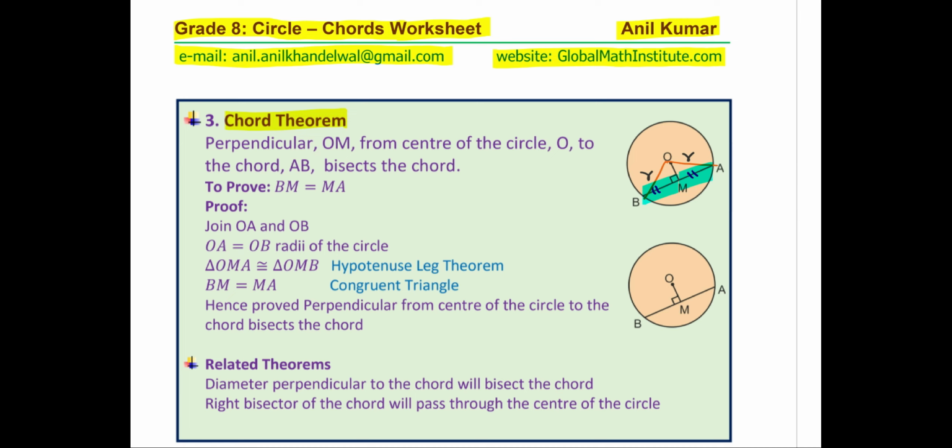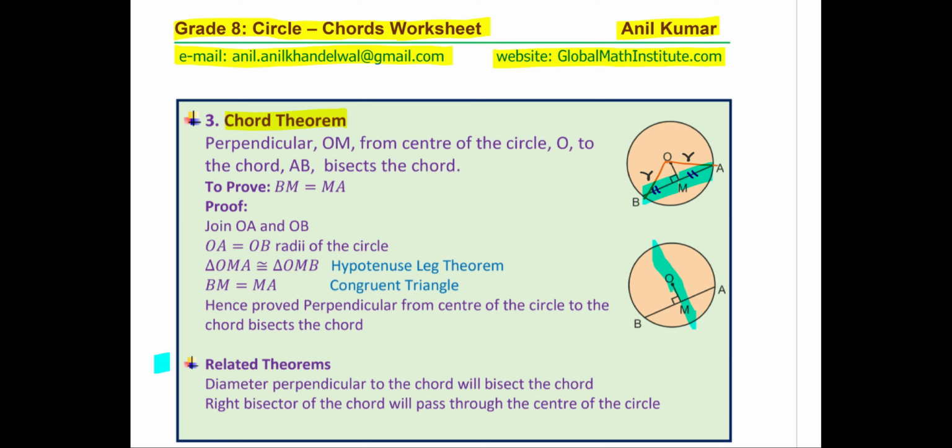We do have a related theorem here, and that is diameter perpendicular to the chord will bisect the chord, right? So diameter will always go through the center, right? So even if you extend this, it becomes a diameter. Do you see that? So diameter will also bisect the chord, right? It is a right bisector.